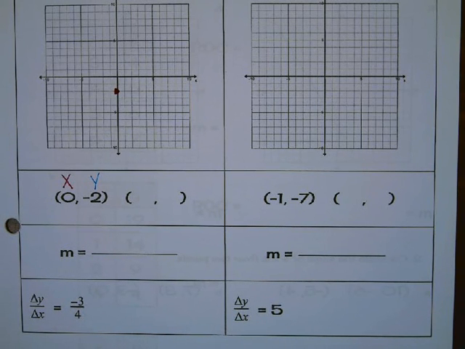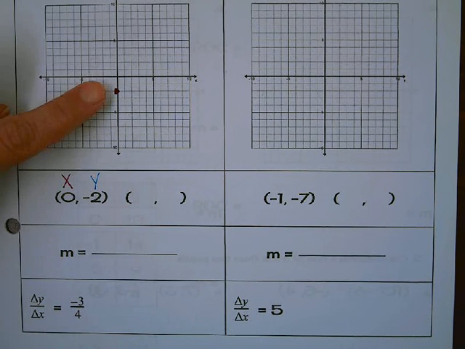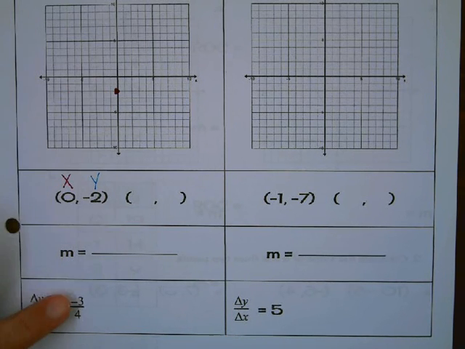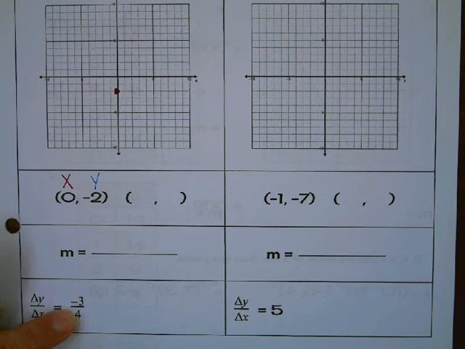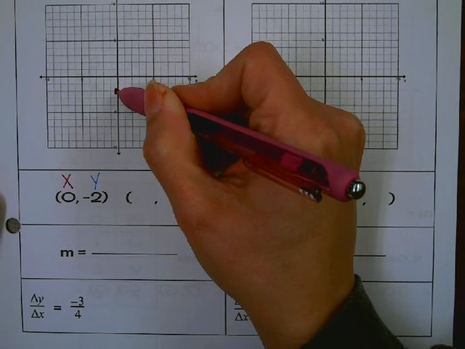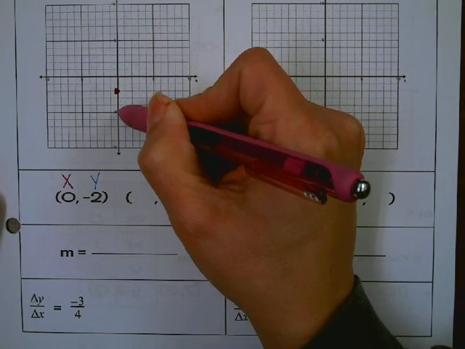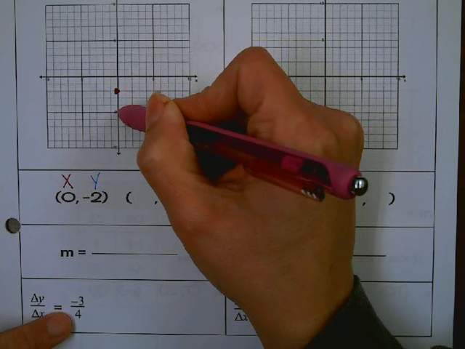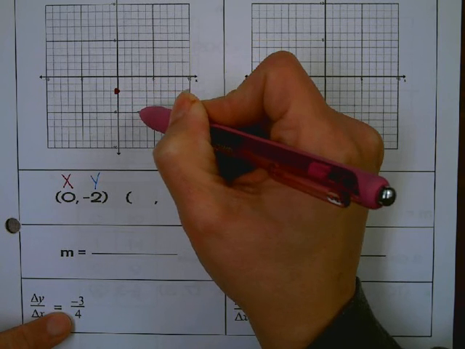According to my change in y over my change in x, from this point I'm going to go down 3, because it's rise over run, and I'm going to go to the right 4. So from this point that I started, I'm going to count down 3: 1, 2, 3, and then I'm going to go to the right 4: 1, 2, 3, 4.